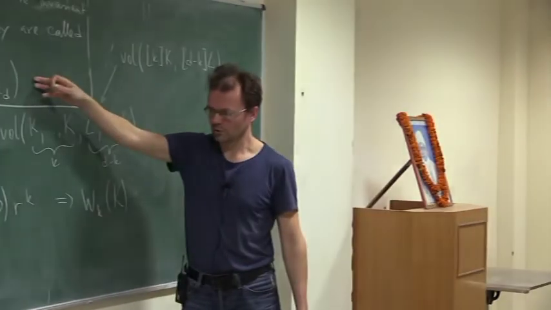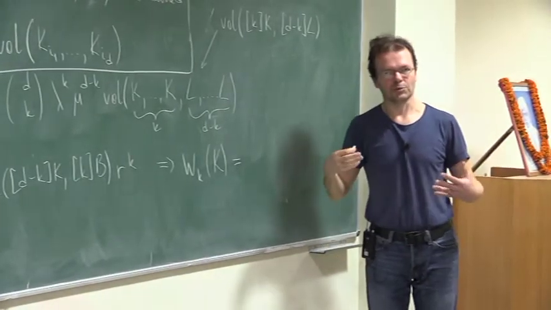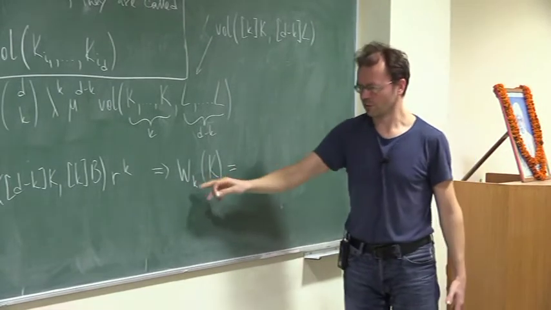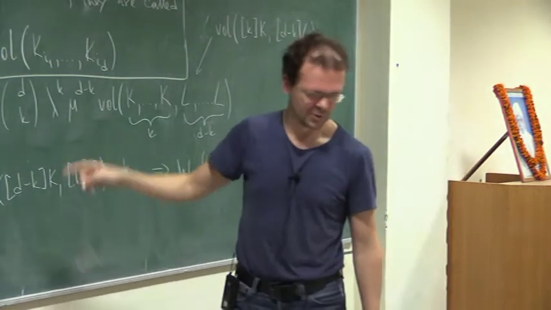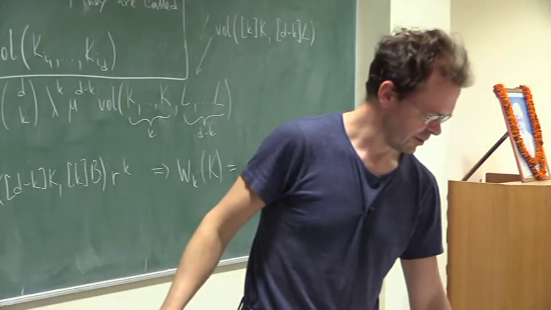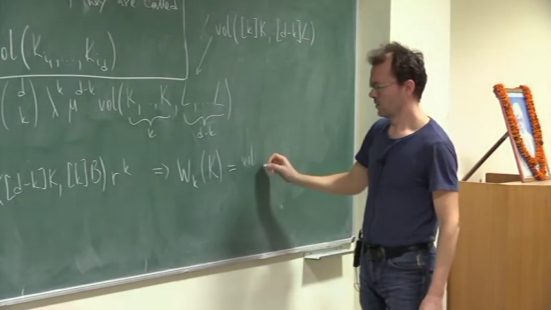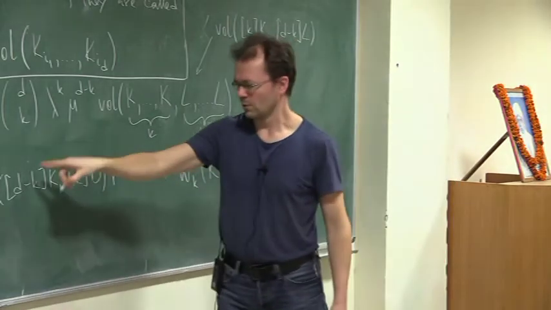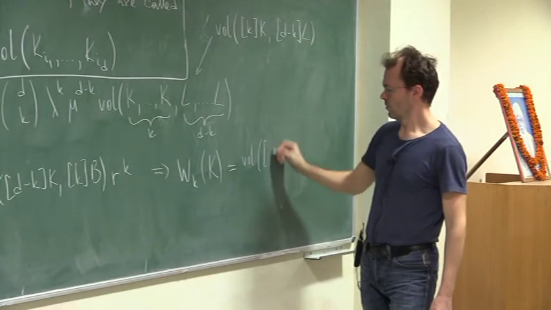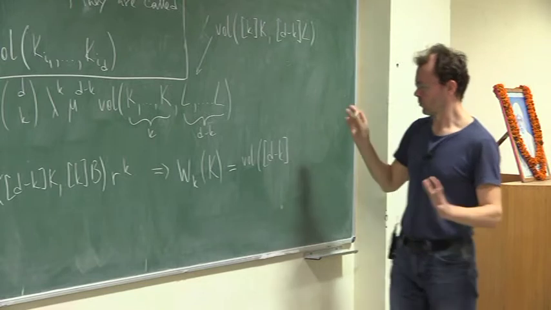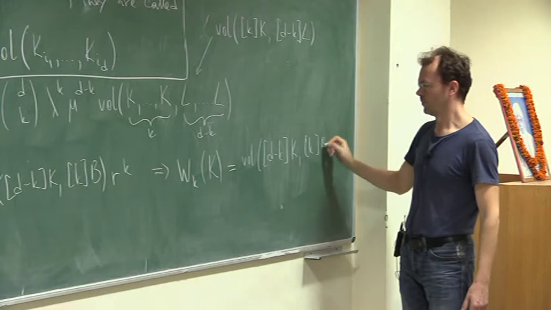With our new notation, we also had some old notation, because these coefficients were denoted by W_k. So W_k of K is equal to, I'm confusing k and d minus k here, but according to my notes, we had W_k r to the power k, therefore W_k of K is equal to the mixed volume of d minus k copies of K and k copies of the ball.